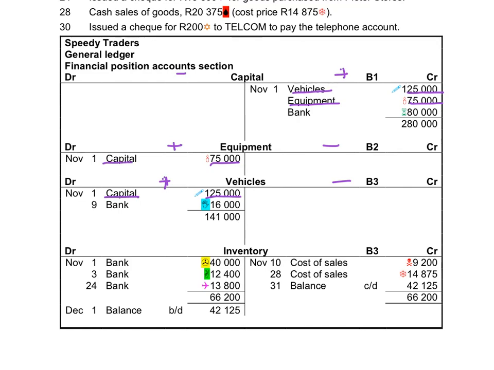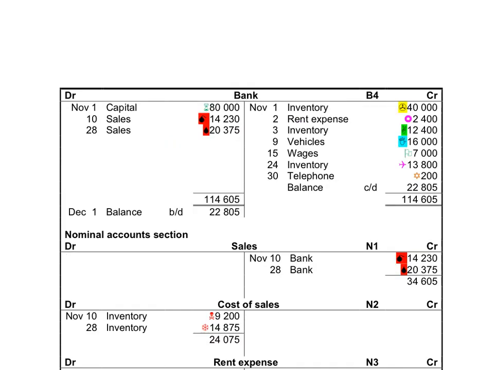We will also credit the capital account with the 80,000 and increase the bank on the debit side with the 80,000. Bank is an asset that will increase on the debit side, and the money in the bank increased with 80,000.